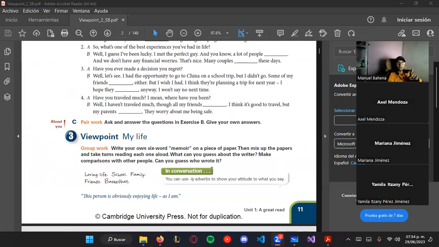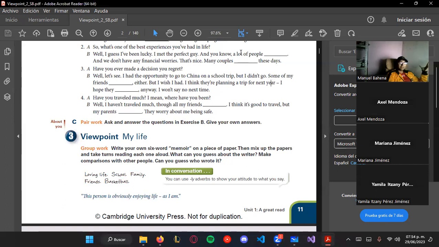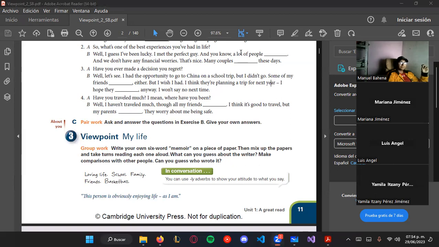But do your own. Hagan el suyo, because we are going to try and guess the context behind it, the story behind each memoir, right? Vamos a tratar de adivinar esa historia que hay detrás de cada memoria, right? Yes, got it? Okay, yes. Perfect. All right, so go ahead, do it.